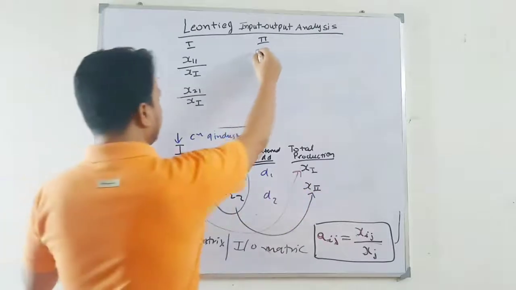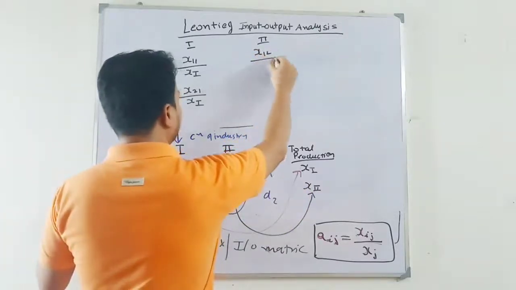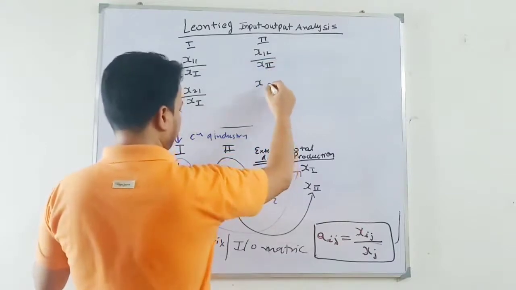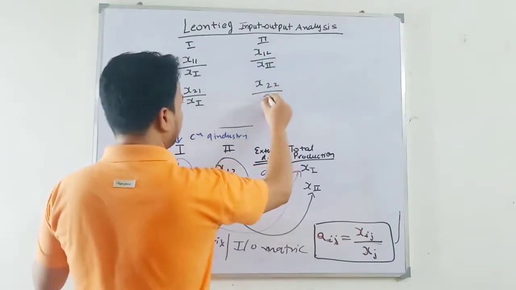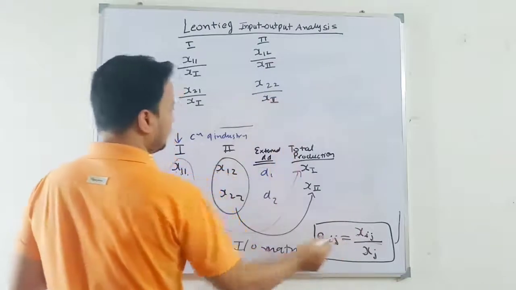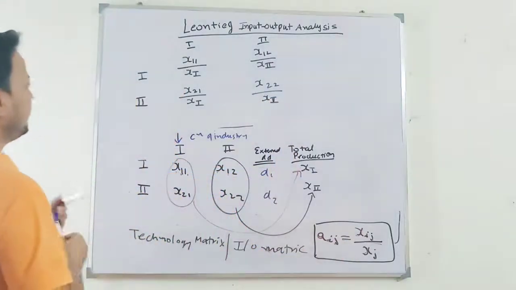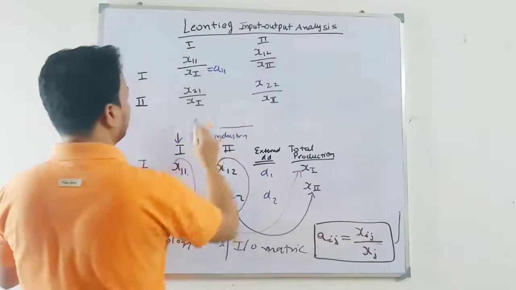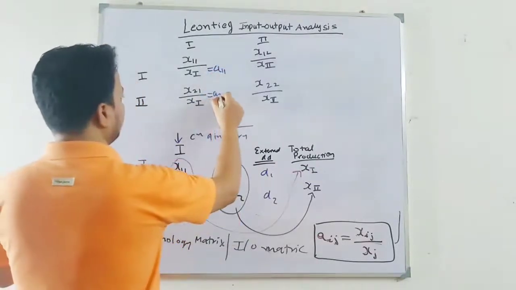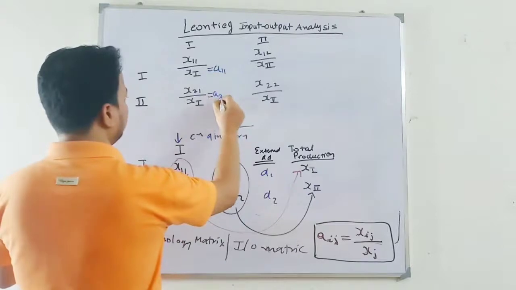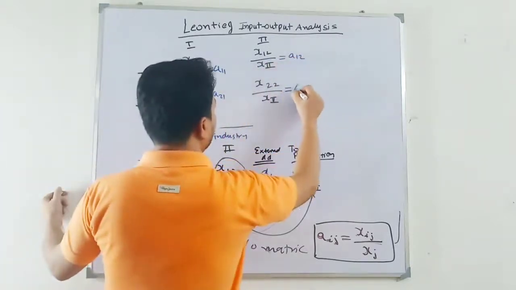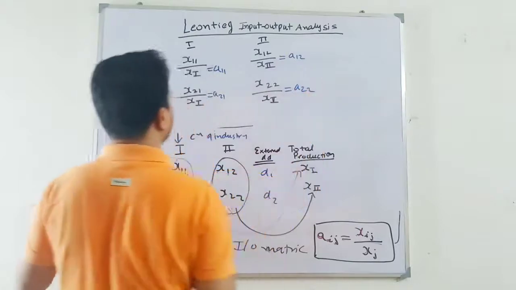So we will divide these by X2: X12 divided by X2, X22 divided by X2, and we use this formula. So this will give us A11, A21, this is A12, this is A22.